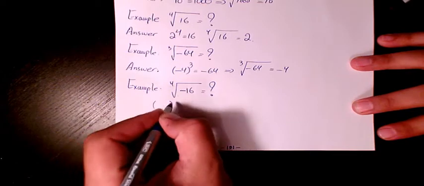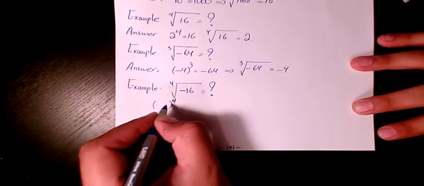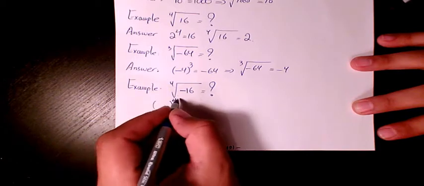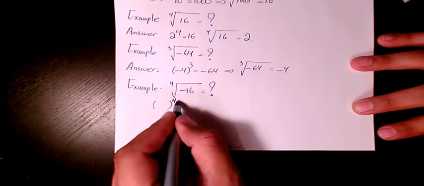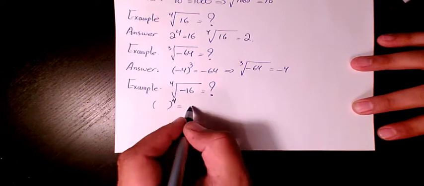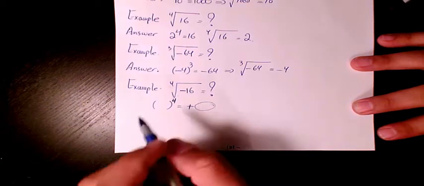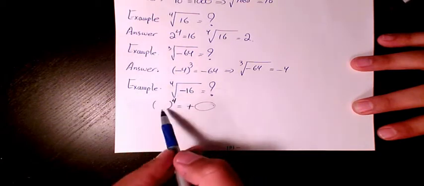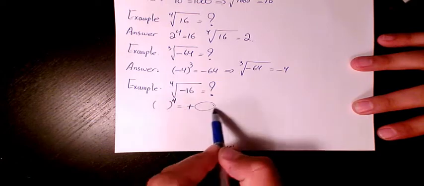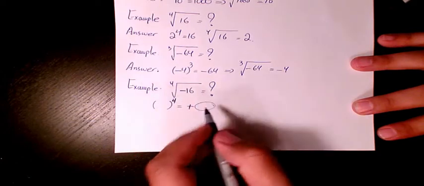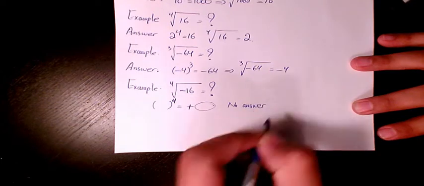Because there is no number that when you have it to the power of 4 gives you a negative number. So whenever the exponent is an even number, the answer for sure will be a positive number. And although this one can be positive or negative, the final answer will be positive. So there is no answer to this question.